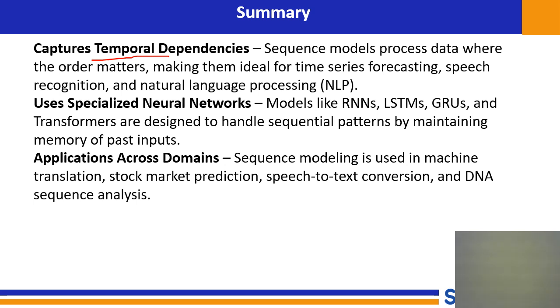They use specialized neural networks like RNN, LSTM, GRU, and transformers, which are designed to handle sequential patterns by maintaining memory of past inputs. And its applications are across domains. Sequence modeling is used in machine translation, stock market prediction, speech to text conversion, and DNA sequence analysis.